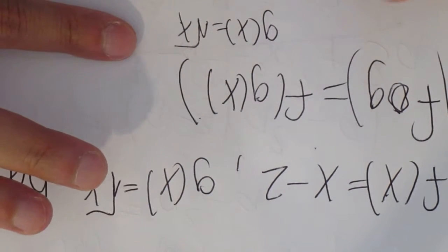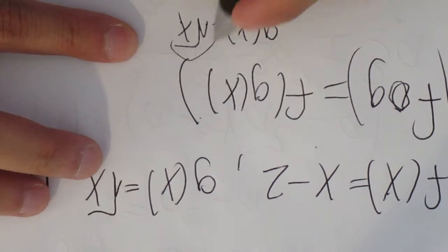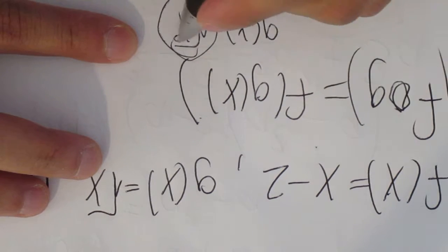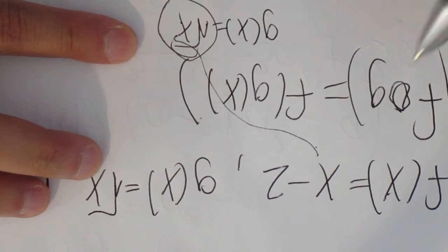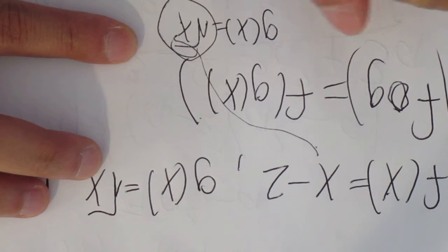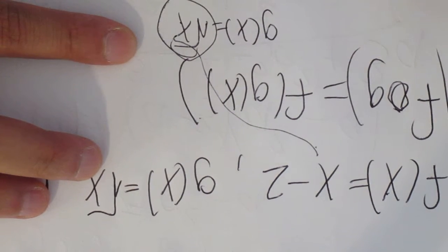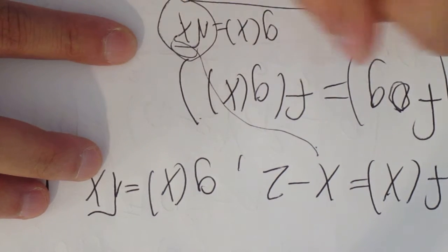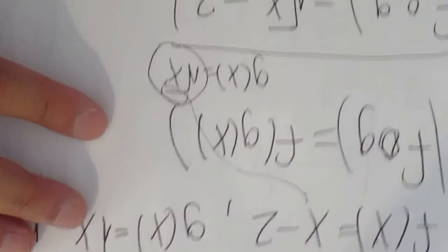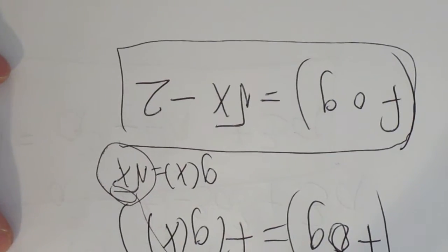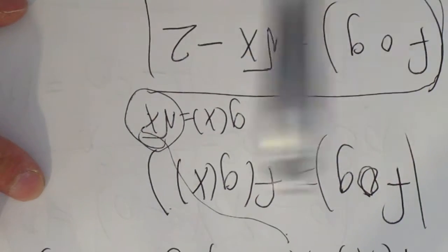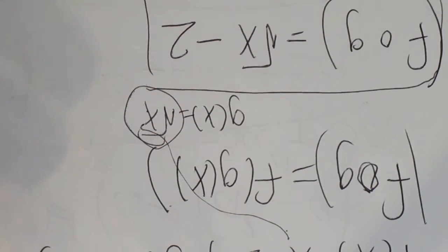So see the square root of x? This goes over there, so it's square root of x minus 2. And that is what fog is, right? We're just putting the function g of x into the function of f.